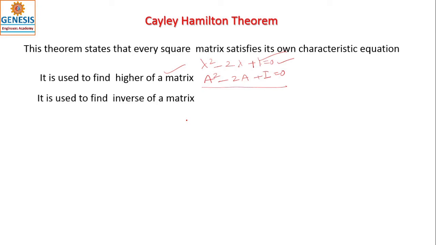If it is 2 by 2, you do not have that much facility in this case. If it is 3 by 3 or some higher order matrix, you can find the inverse very easily. To find A inverse, I have taken a 2 by 2 matrix.